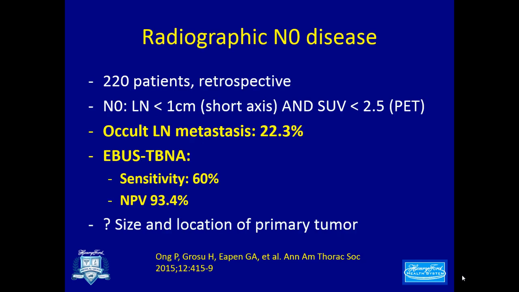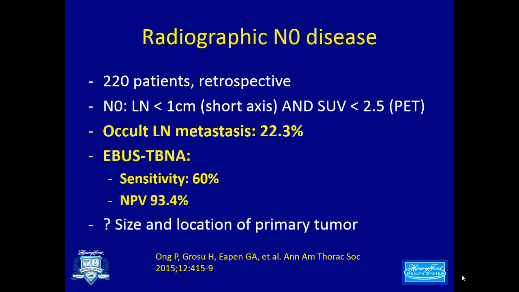Radiographic N0 disease. Again, 220 patients, retrospective. Lymph nodes were smaller than 1 centimeter in the short axis, and the SUV was low too. They had occult lymph node metastasis, meaning they underwent EBUS-TBNA with mediastinal staging, and occult lymph node metastasis was found in 22% of them. So this is another piece of information that maybe we should pursue mediastinal staging in every single patient.